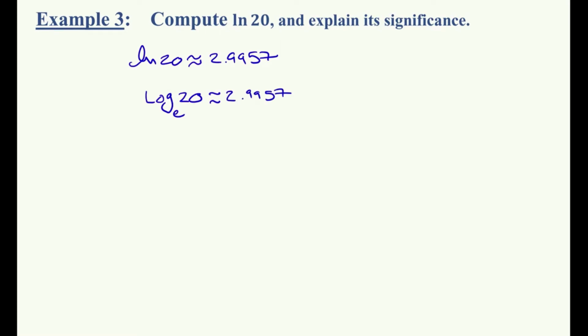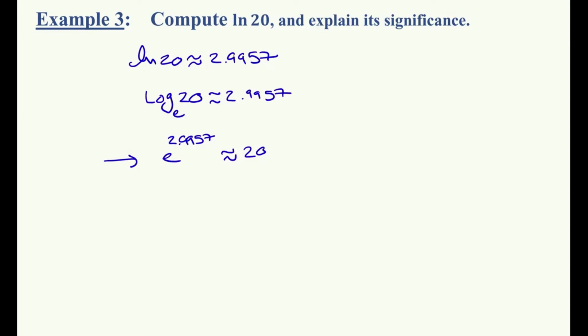If we convert that into exponential form, we get e to the power of 2.9957 is approximately 20. So when we calculate ln of 20, we're trying to find the exponent we need to raise e to in order to get 20.